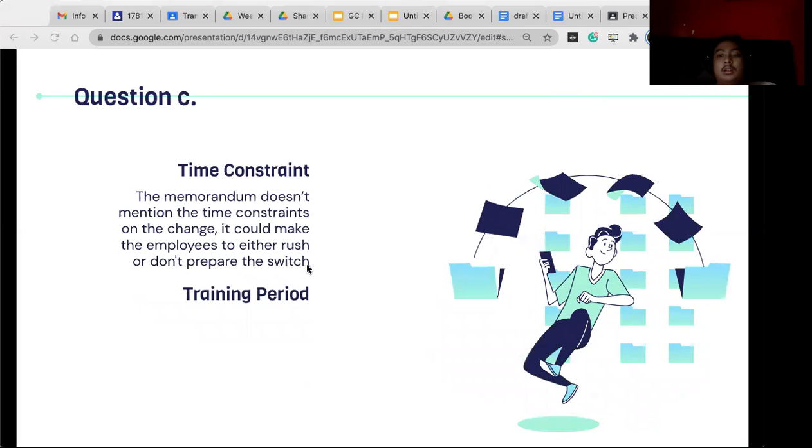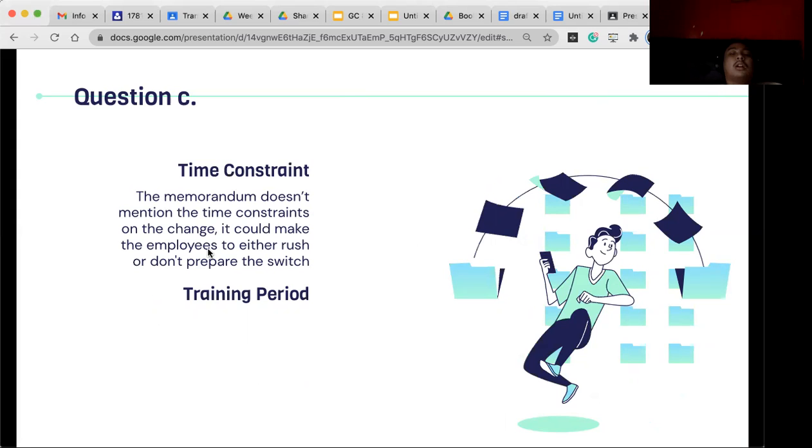Let's see the concern that the memorandum is likely to create for the microcomputer users at Hanston. It's more about the time constraint, because in the memorandum the director doesn't mention the time constraint for changing these computers.